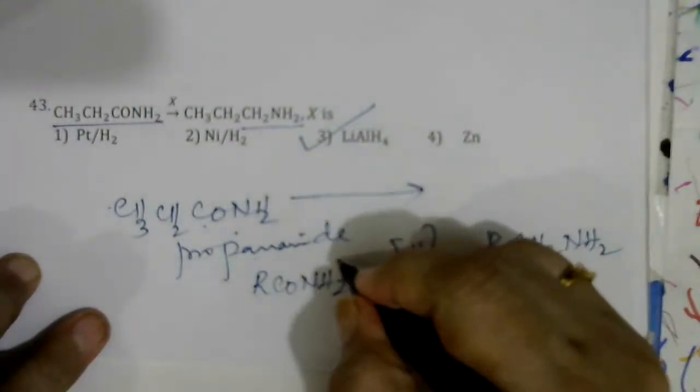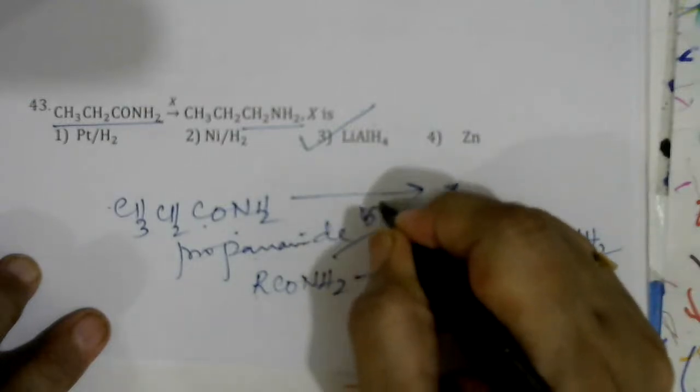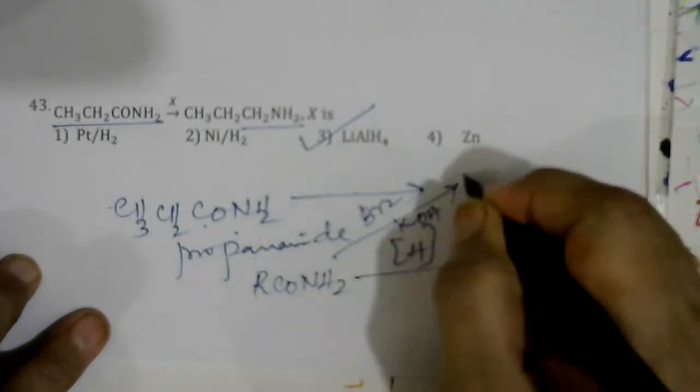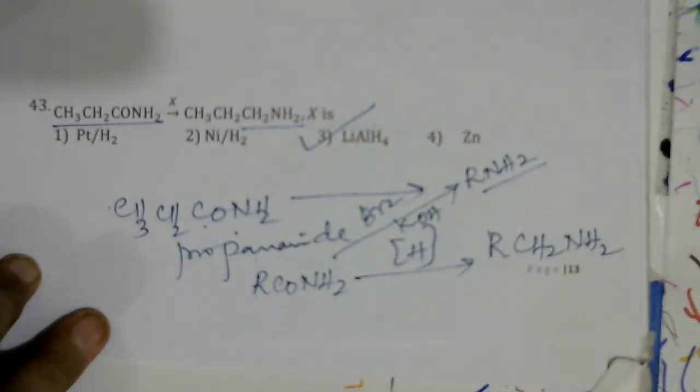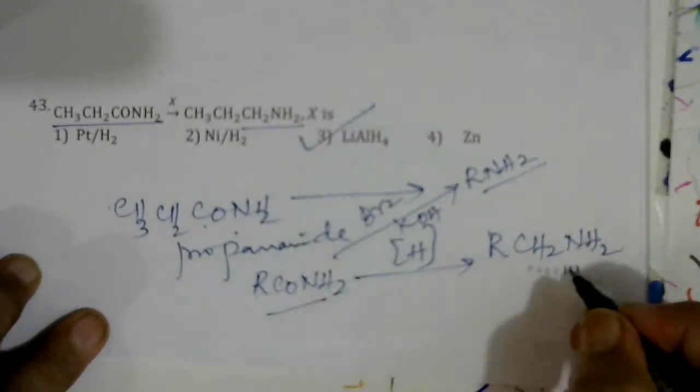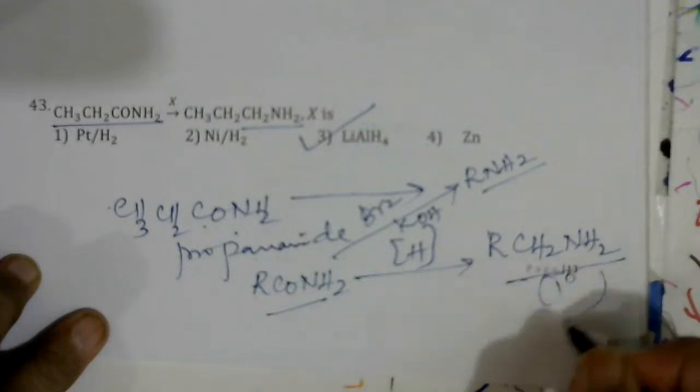But when this undergoes Hoffmann bromamide reaction, bromination in presence of alkali, it will produce amine with one carbon atom less. And this reaction is called Hoffmann's bromamide reaction.